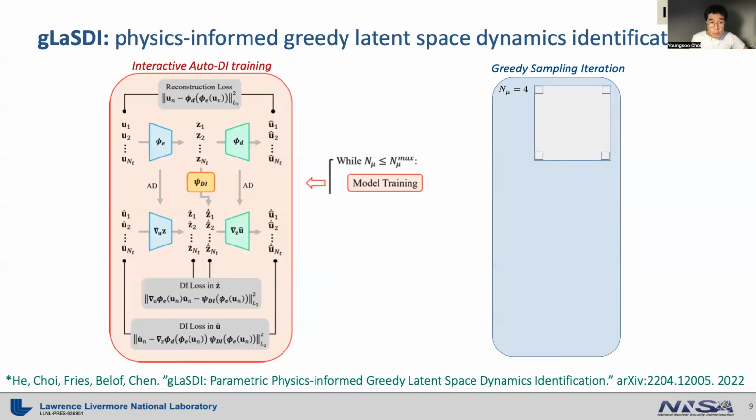Because the autoencoder and dynamics identification steps must communicate with this adaptive sampling procedure, we combine the latent dynamics identification step into the autoencoder training by adding the latent space dynamics regression terms as loss function terms. So there are 3 terms in total in the loss function.